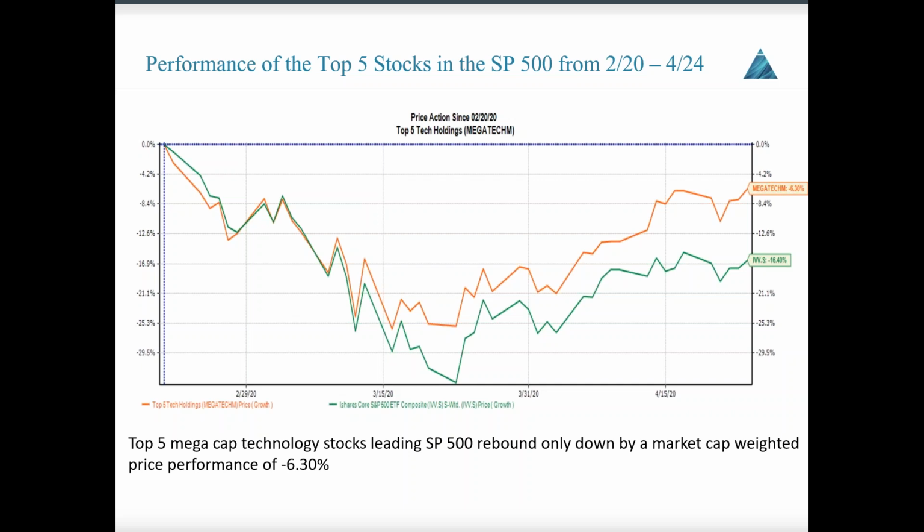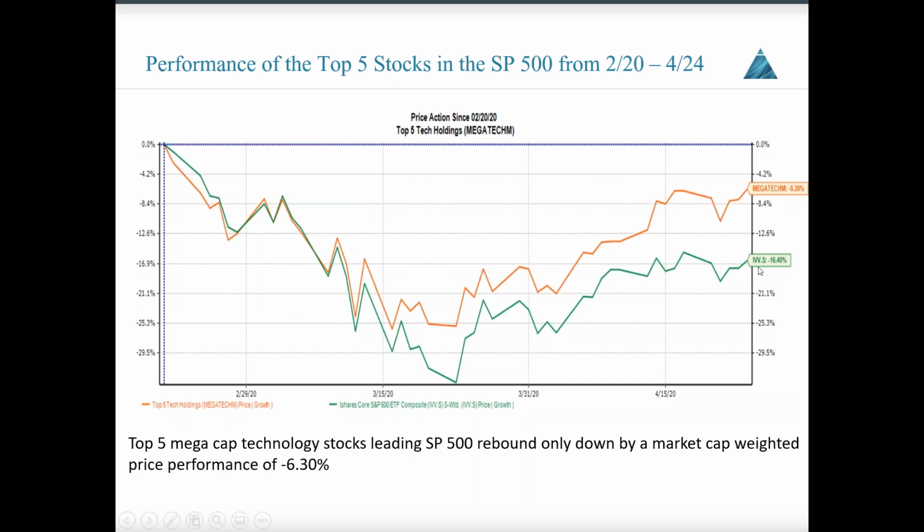Here's the real problem. The real problem is if you pull these 5 stocks into the Zacks research system and create a market cap weighted composite of the 5 stocks, in this case I did this last night and I called it Megatech, and you'll see that from 2/20 to 4/24, this group of 5 names is only down 6.3% on a market cap weighted basis.